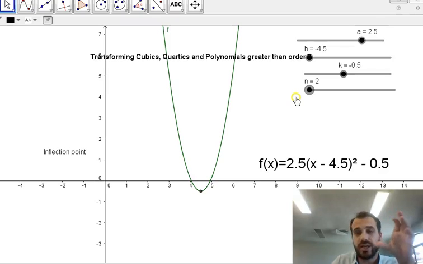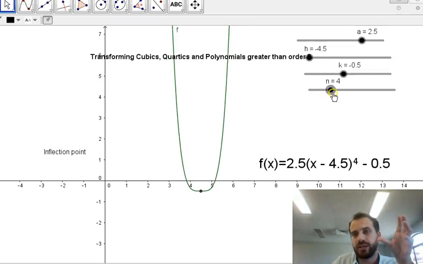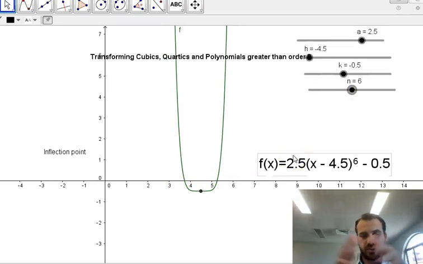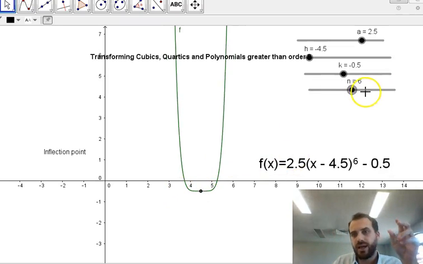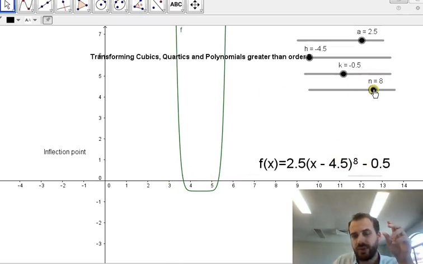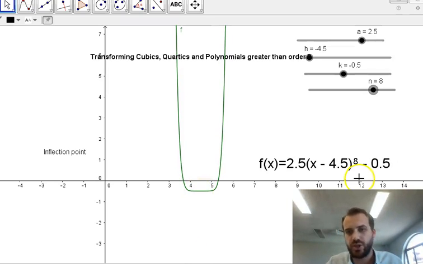So you can see what's happening as the polynomials get larger in size. Our inflection point or our turning point gets sort of fatter. But with odd powers, so raised to the power of 7, you get this inflection point, and with even powers, you get this turning point here.